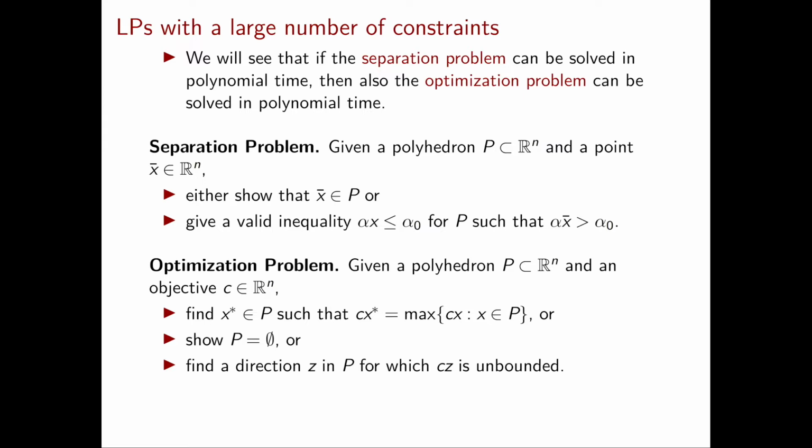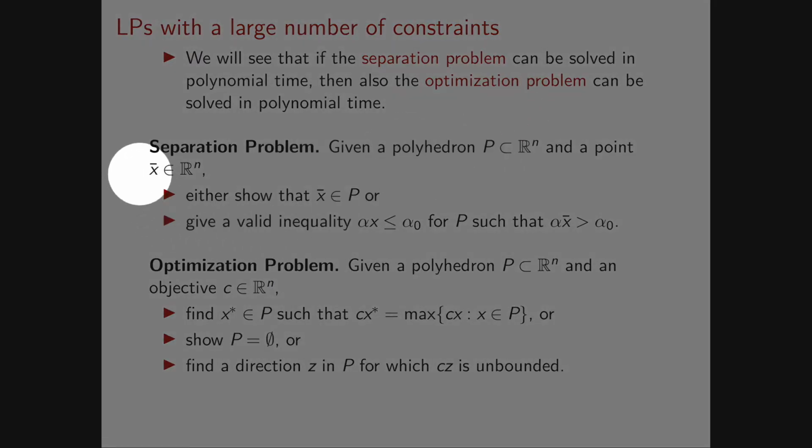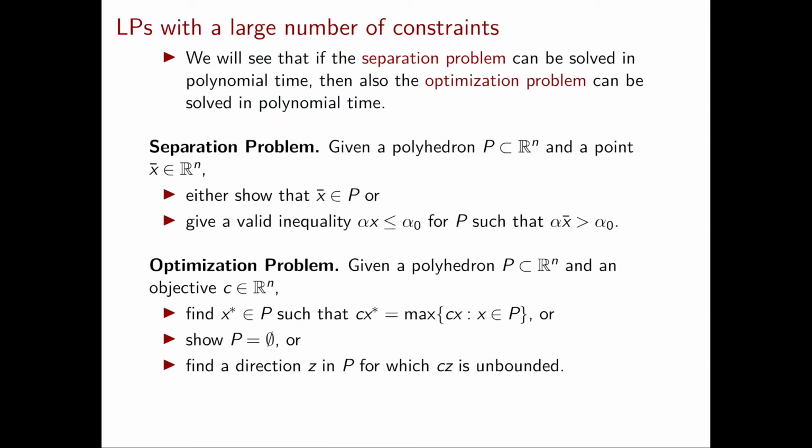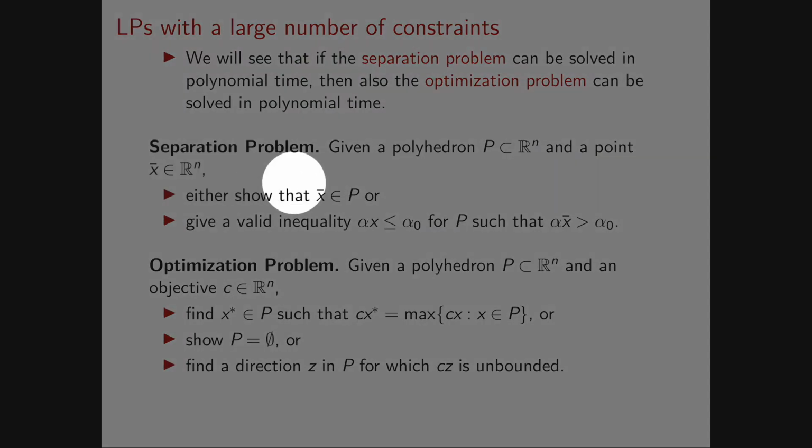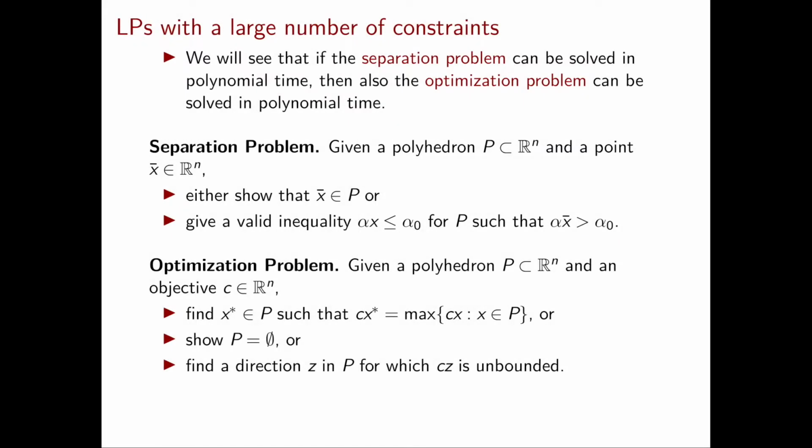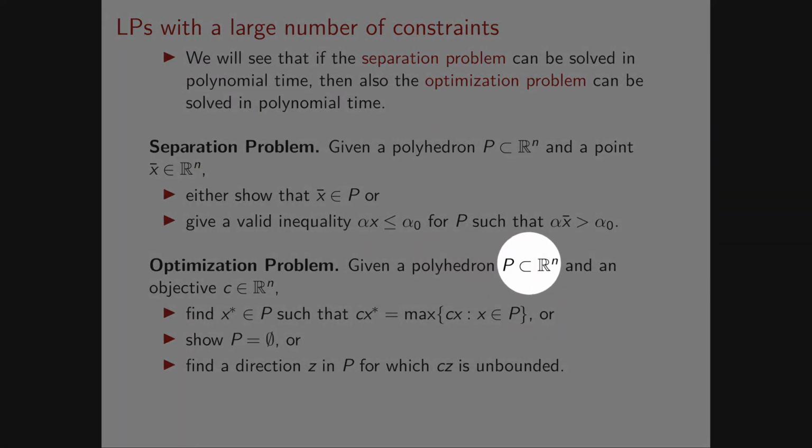In the separation problem, we're given a polyhedron and a point x bar in the same space. We need to either show that x bar is in the polyhedron, or if not, give a valid inequality for P which is violated by such a point. On the other hand, in the optimization problem, we're also given a polyhedron, but now we're given not a point, but an objective function.